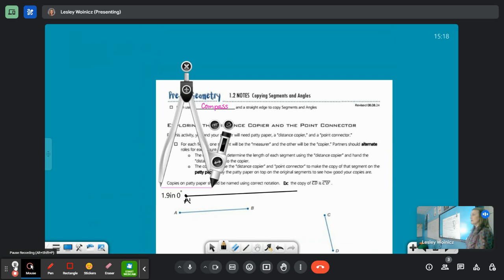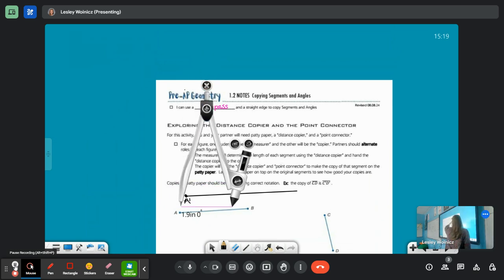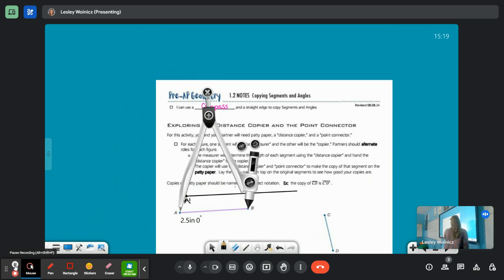Okay, A prime tells me that A maps into that location. I'm going to put the metal tip of my compass on point A, and I'm going to find the distance to point B. Oh, shoot.